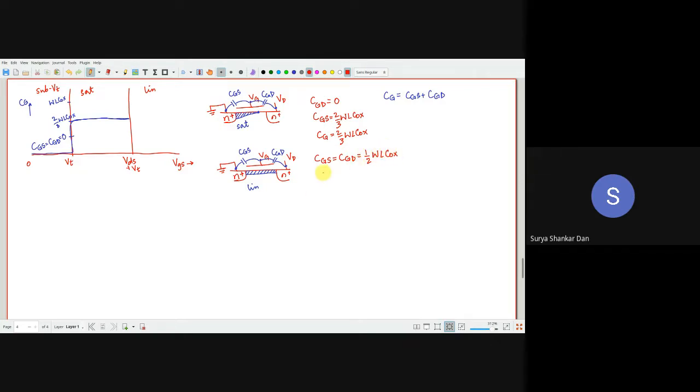Okay. So what is the value of CG? WLCox, because it is a sum. So what will it look like? From here it will rise up and it will be like this.